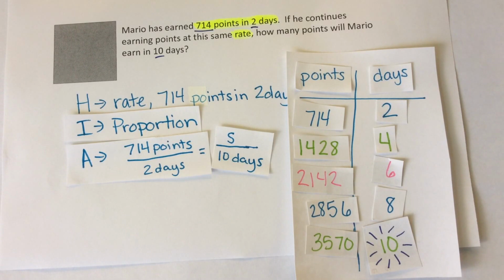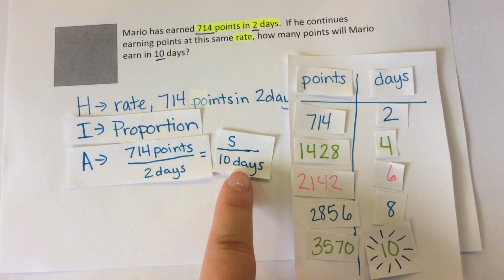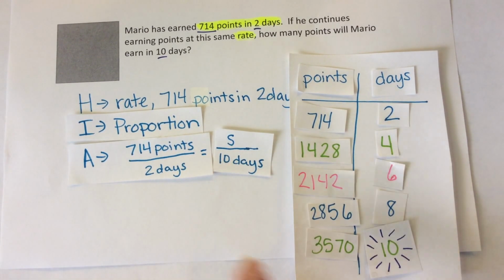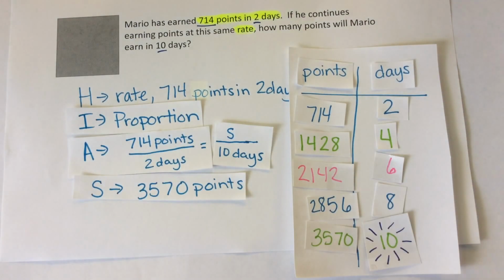And in 10 days, where we want it to be, Mario will earn 3,570 points. So my solution is not 10. We needed to get to 10 days, but we don't need 10 days. We need to know the points. And so across from 10 days is 3,570 points.